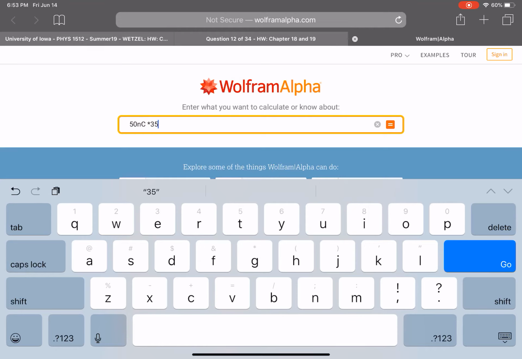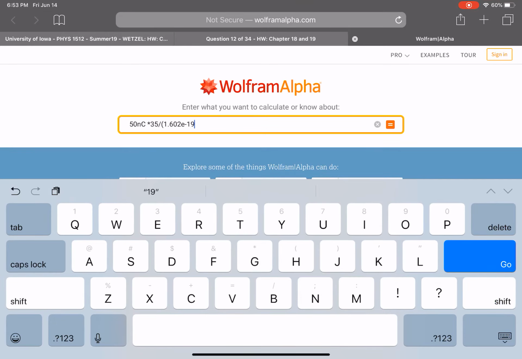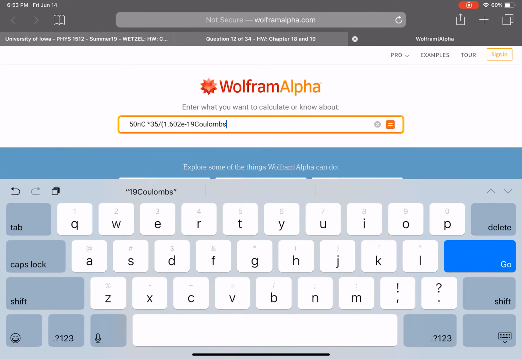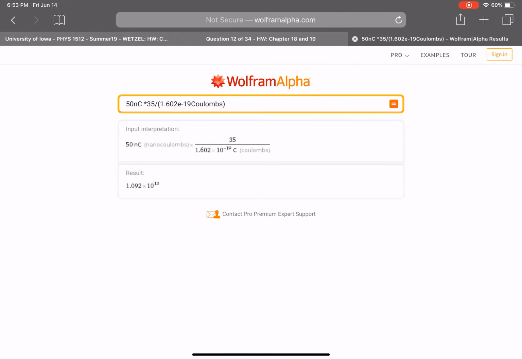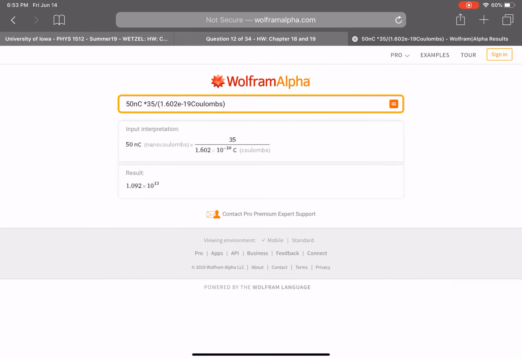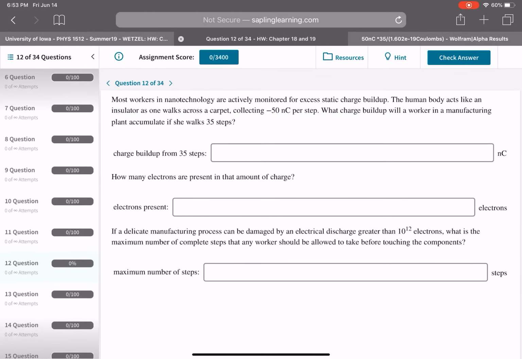And then that divided by 1.602 E minus 19 coulombs. And let's see if nanocoulombs gets interpreted as nanocoulombs, and it does. So then I get 1.092 times 10 to the 13. So that's the number of electrons that would be present there.